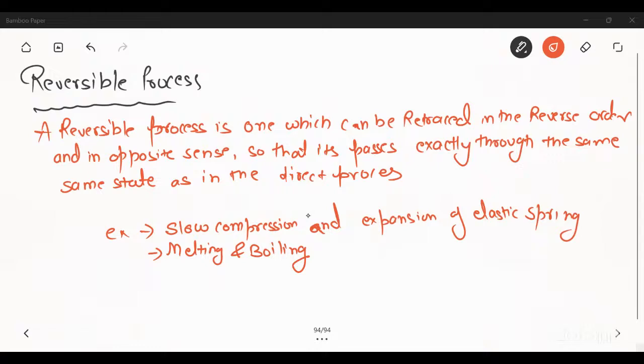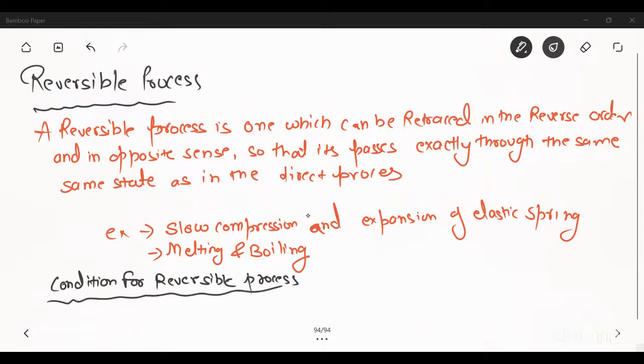Okay. But the condition for reversible process. So there are two conditions for reversible process.